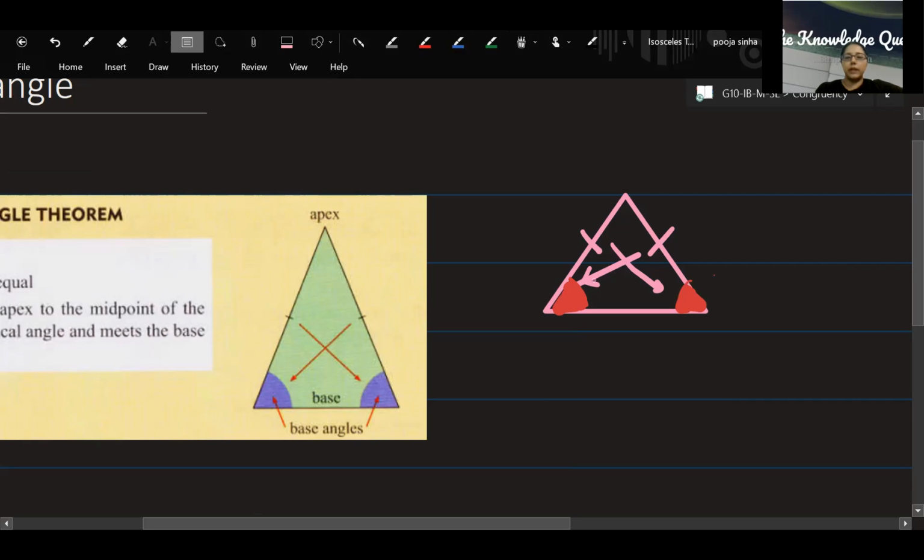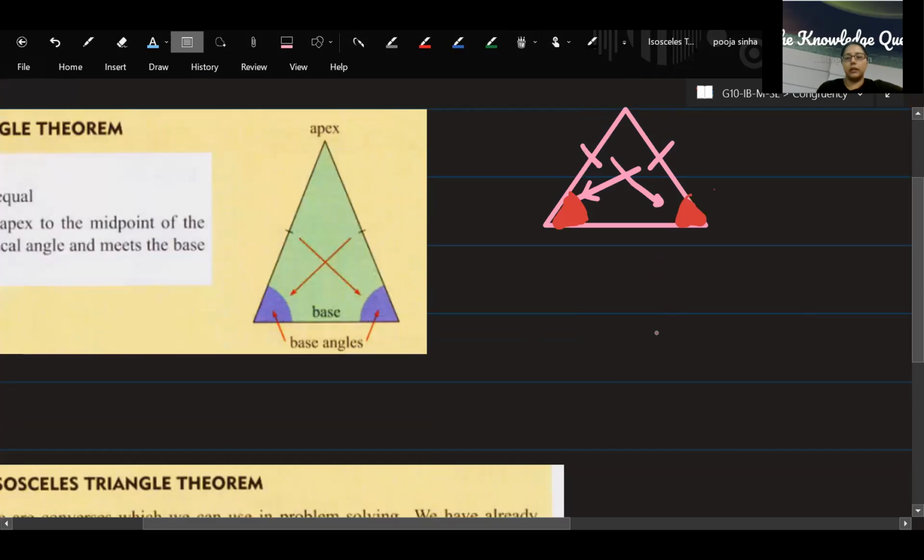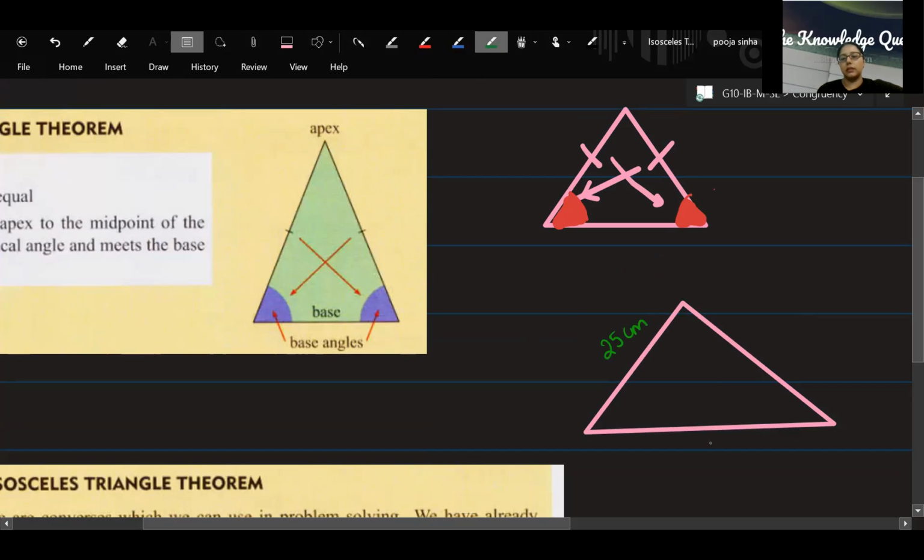But I have another triangle in which it is written that this side is 25 centimeter and this side is 25 centimeter. Can I conclude that this is an isosceles triangle? Yeah, you can.